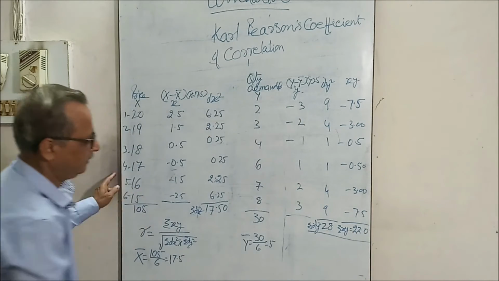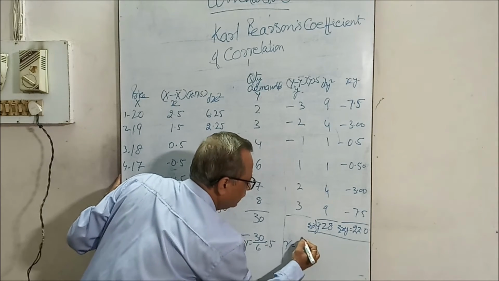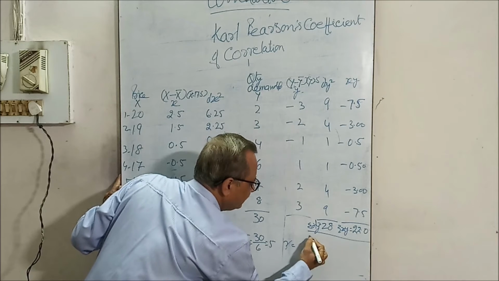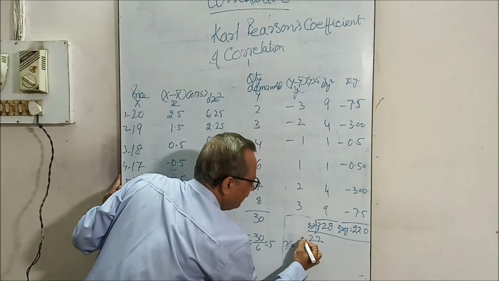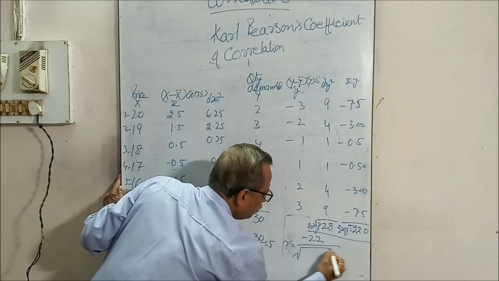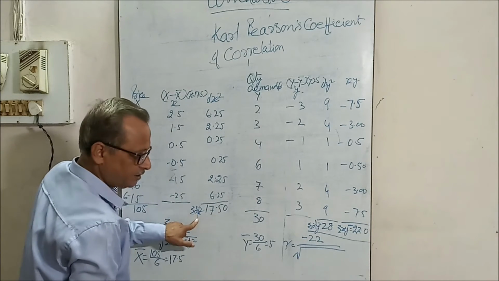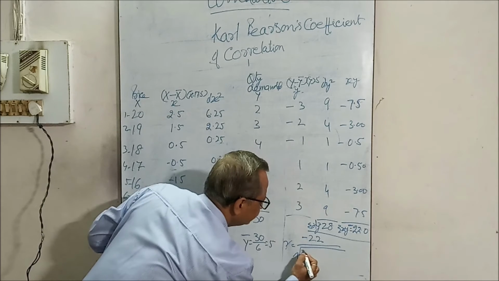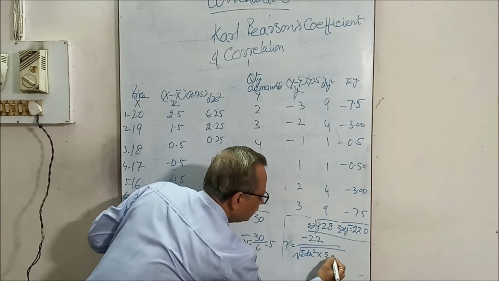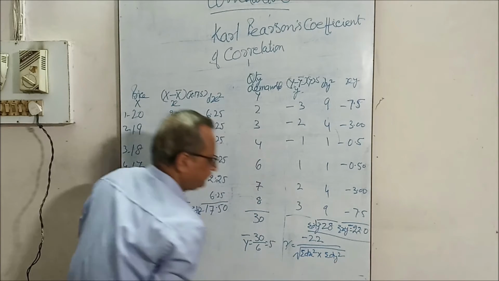Now put in the formula. This is the formula. Correlation is equal to sigma xy upon under root sigma dx square into sigma dy square.